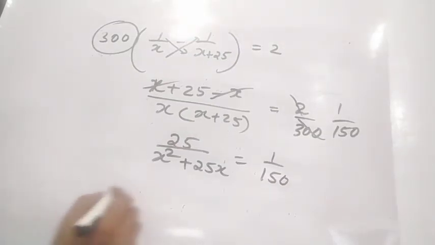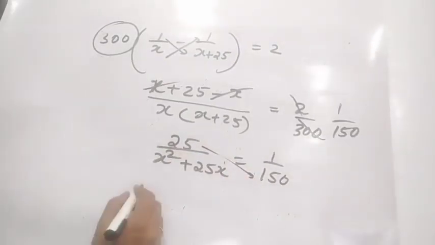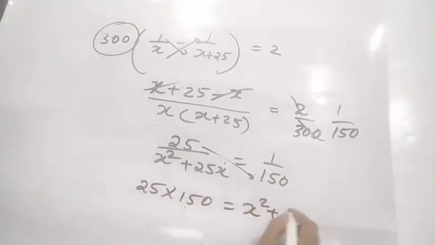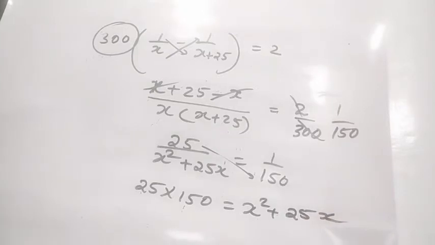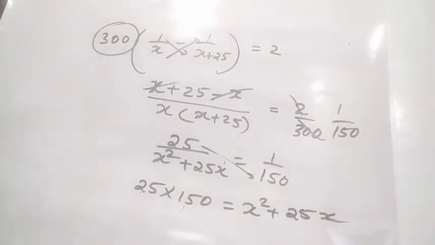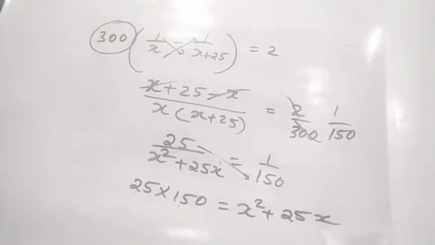Okay, so cross multiply. 25 into 150 gives x square plus 25x. Look at this: 300 we took outside into 1 by x minus 1 by x plus 25 equal to 2. Write the 300 to the right side as divided by 300 and take the LCM.